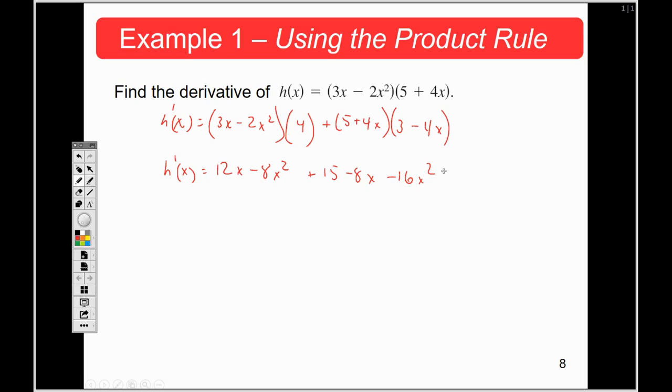And then I'm looking for any like terms that I have. So at the end, my derivative is negative 16x squared minus 8x squared, negative 24x squared. 12x minus 8x is plus 4x, and then plus 15.